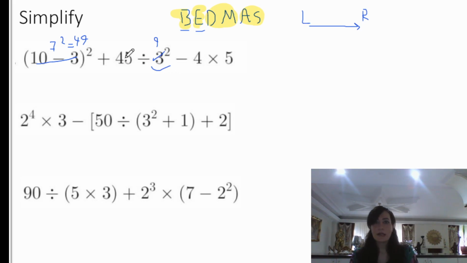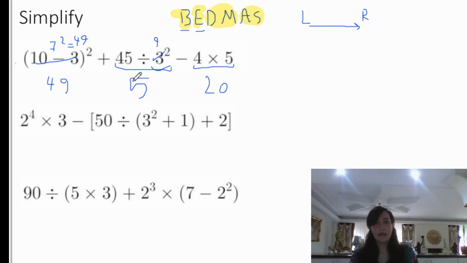So 45 divided by 9 gives me 5. So I write 5 here. 4 times 5 gives me 20. I write 20 here. And for this parenthesis, I had 49.